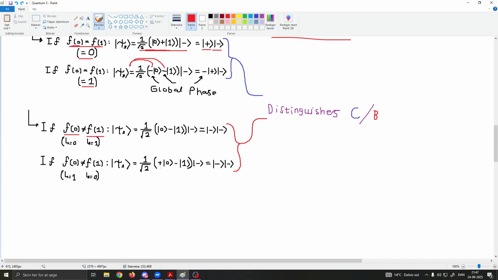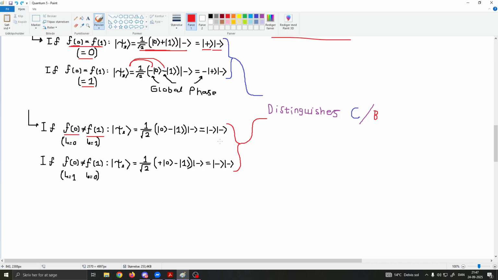However, I've still decided to write it as plus 0 minus 1 because you could just factor another minus sign out, which would correspond to there being a minus sign right here. But as we established up here, we can't measure that. So it still corresponds to global phase, meaning that also in these two scenarios, they are effectively indistinguishable between each other because global phase we cannot measure.